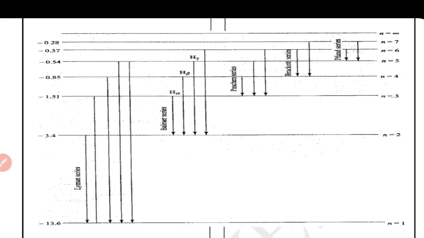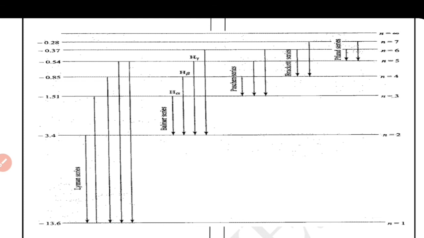Regarding the spectral series in hydrogen atom, one point is to be noted. We have different spectral series. The shortest wavelength in any spectral series corresponds to a transition from n equal to infinity to that particular energy level. We know if the transitions are made to n equal to 1 level, it is Lyman series. If it is to n equal to 2, it is Balmer.